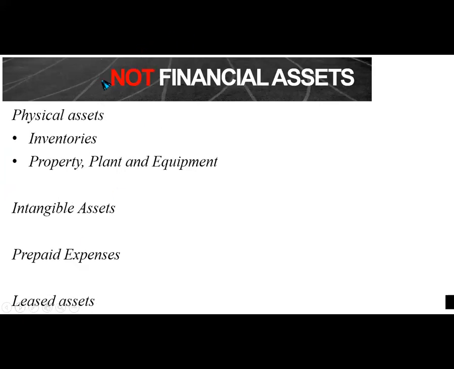Now, which are not considered financial assets? Take note that physical assets such as inventories or property, plant, and equipment are not considered financial assets. For example, with inventory, you have no contractual right to receive payment or to collect from the other party if no sale has happened yet.